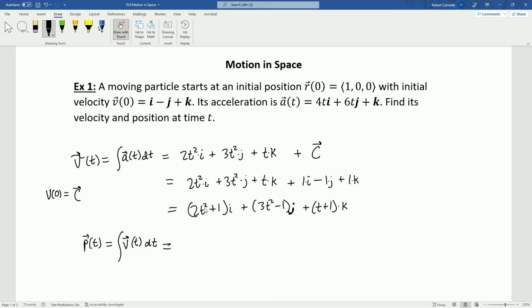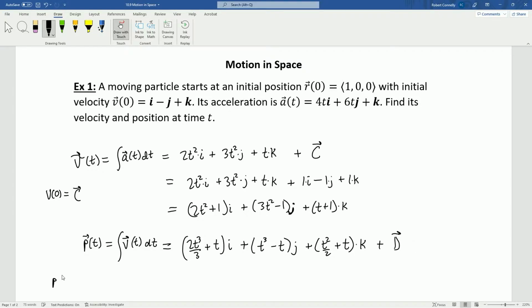So here we get 2t cubed over 3 plus t i, plus 3t cubed over 3, which is just t cubed, minus t, j, plus t squared over 2 plus t, k. And don't forget we've got an integration constant here, so we'll call this one d.